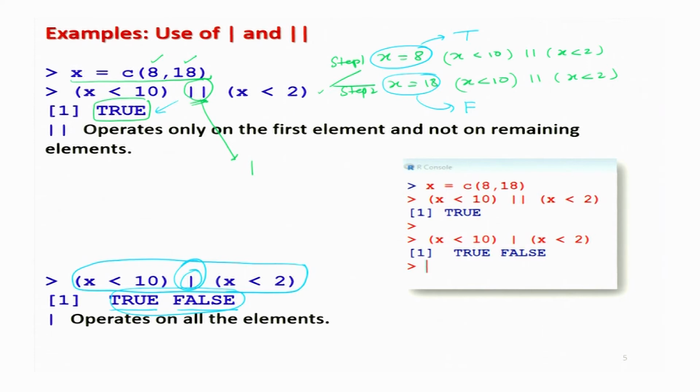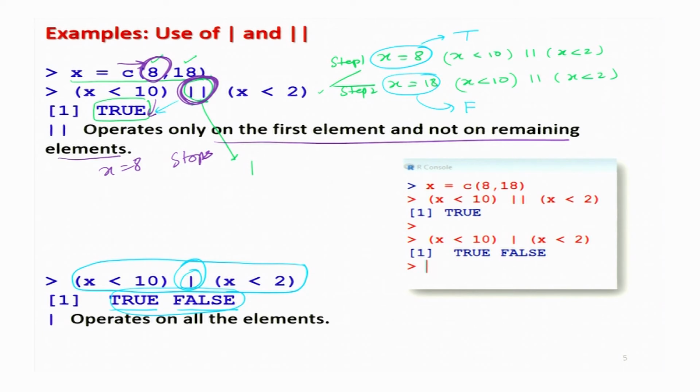R starts functioning, and when it finds two vertical lines, it takes the first value, that is x equal to 8, and as soon as it gets the answer true, it stops. So, this double symbol operates only on the first element of this data vector, and does not move to the remaining elements.